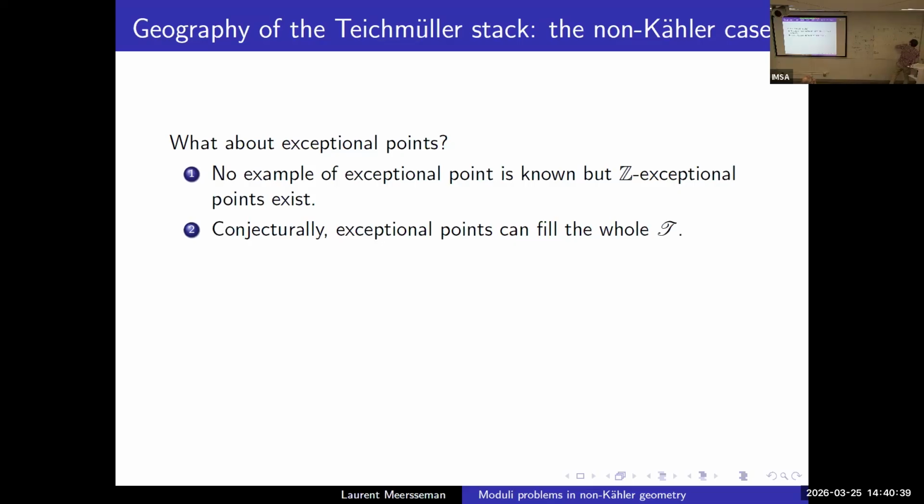We still have the definition of a topological Teichmüller space, and I insist on the fact that you divide this set of complex operators by the action of Diff_0(M), the connected component of the identity in the diffeomorphism group.